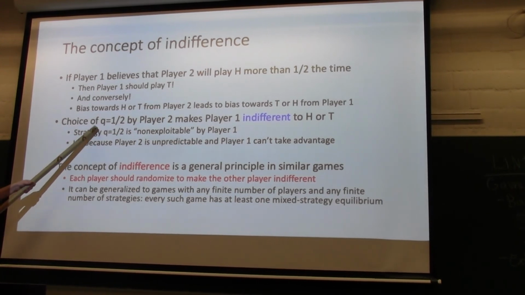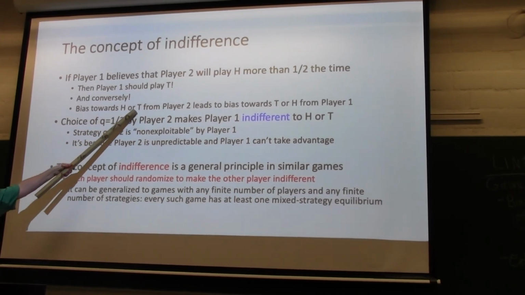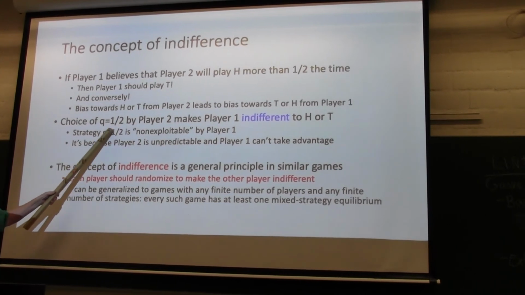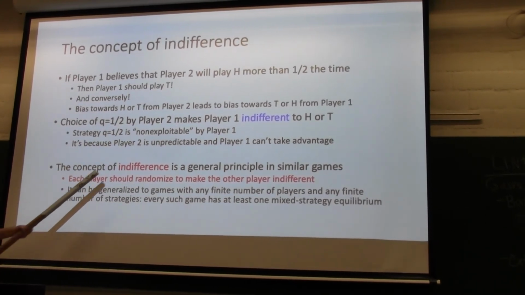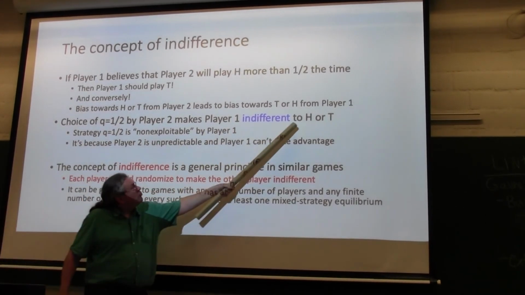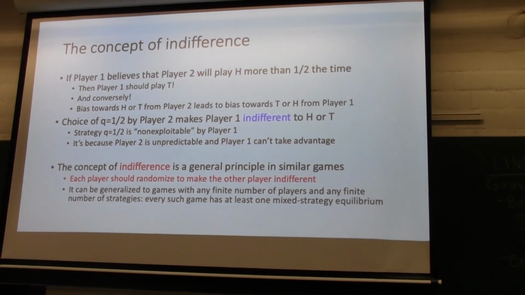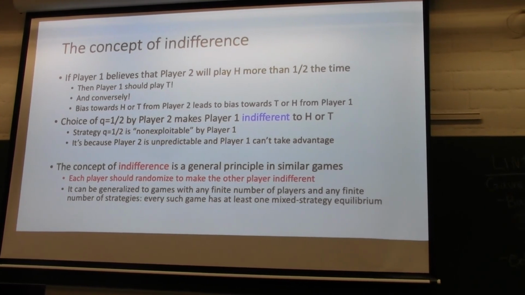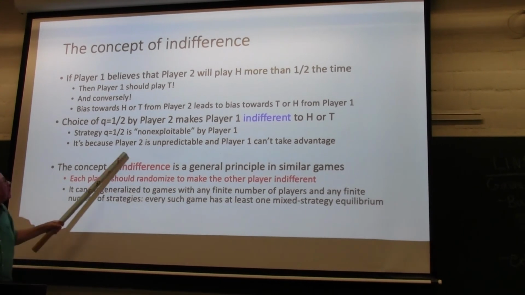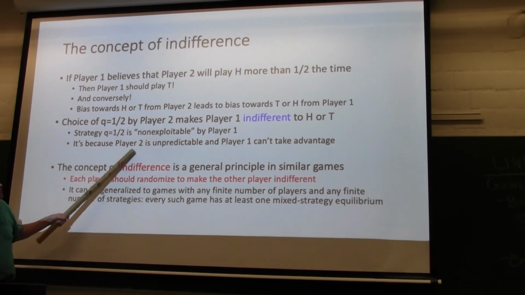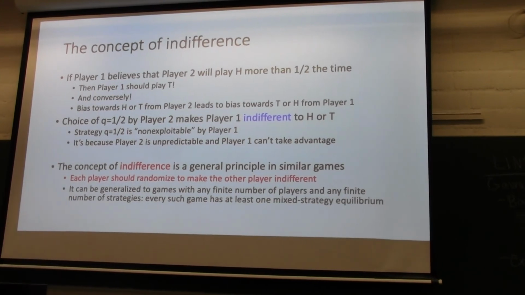But if player 2 makes them equal, H or T, then there's no advantage for player 1 in picking H or T. So player 1 is indifferent. Player 1 cannot exploit player 2. Player 1 cannot take advantage. Player 2 is unpredictable, does not give any advantage.